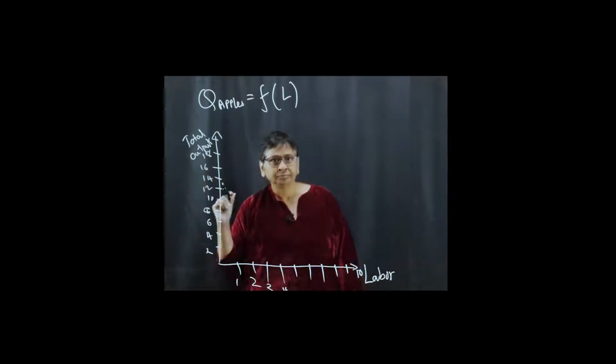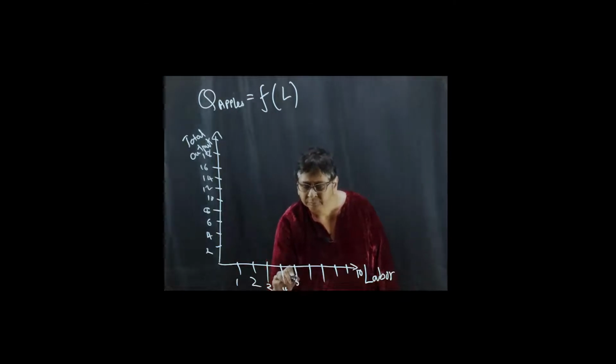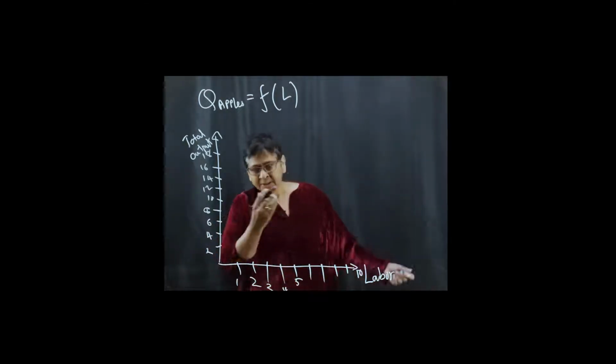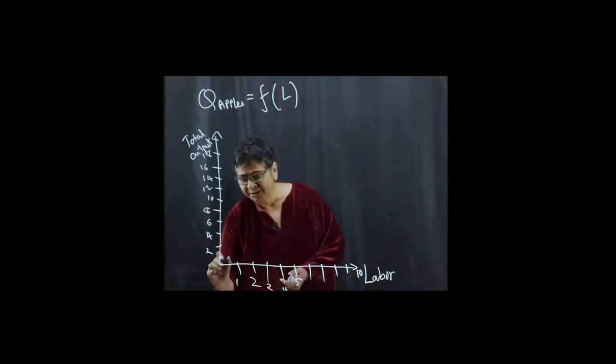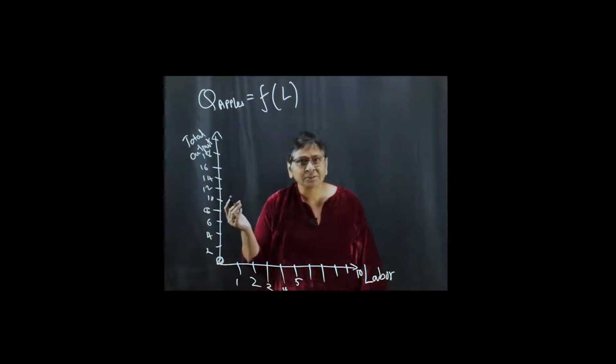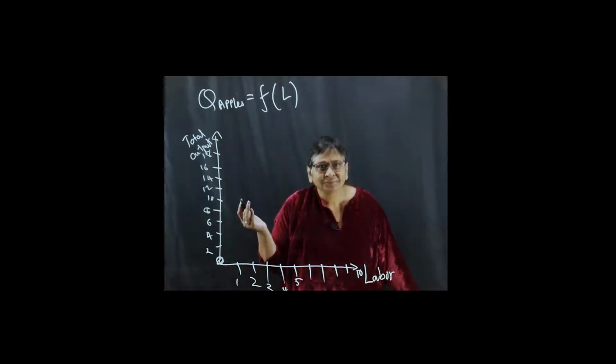So obviously, if I don't have any workers, I'm not producing anything. Right? No inputs, no output.